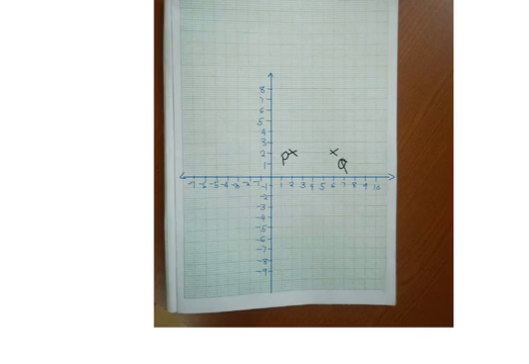R which is (6,4), and lastly S, which is (2,8). We join these points to make the trapezium PQRS.